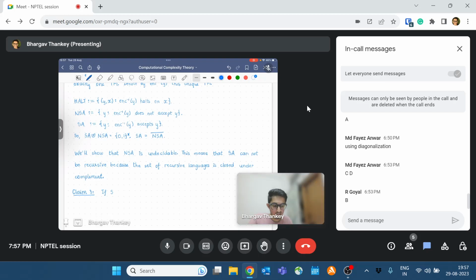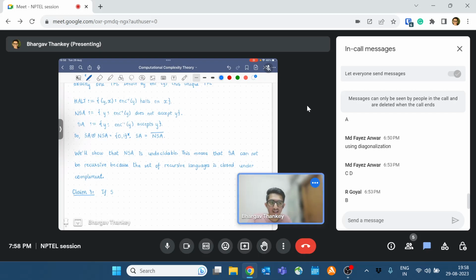Yes. So if NSA is undecidable, there is no Turing machine that decides NSA, right? That means that there cannot be a Turing machine that decides SA. Okay. So like flipping the output, isn't it what we used the diagonalization to prove in the other theorems, like creating a Turing machine which flips the output of another Turing machine?